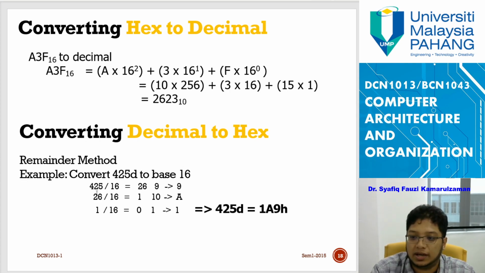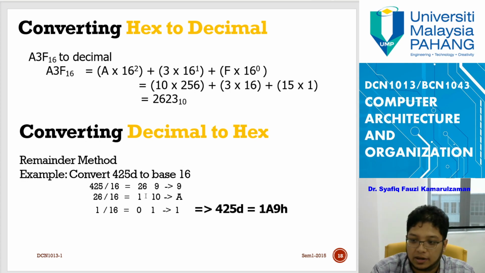Okay, and when you want to convert from decimal to hexadecimal, you just divide it by 16. So here the same thing, we use the remainder method. So 425 divided by 16 is equal to 26 with remainder 9. Okay, 26 with remainder 9. So 9 will be pulled out and put at the back.